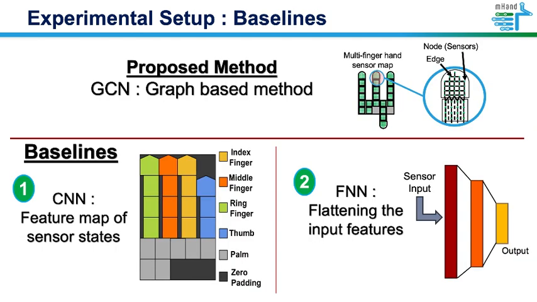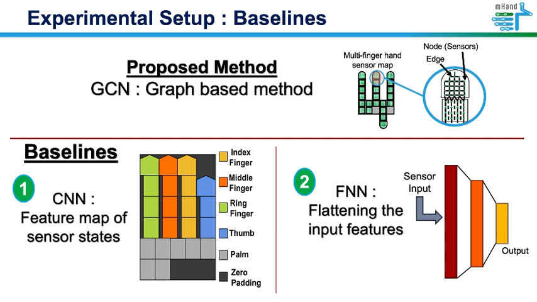In order to validate our method, we also compared it against some established baselines for tactile processing. For convolutional neural networks, we converted the tactile features and absolute morphological node features into feature maps as shown in the figure, and for the feed-forward neural network, we simply flattened the features and passed them through a multi-layer perceptron.